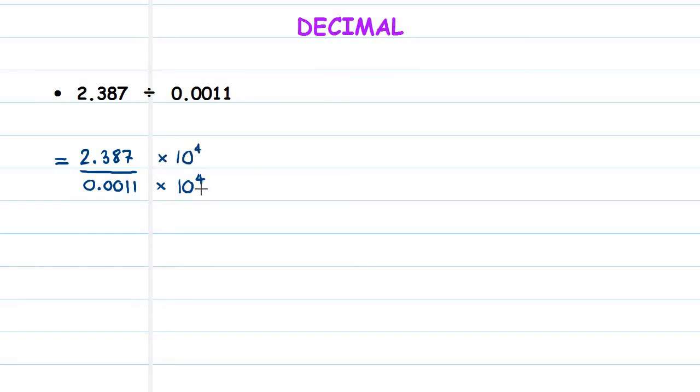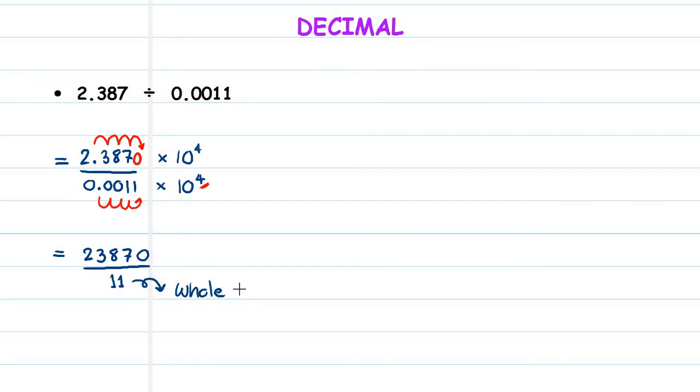And since we multiply with 10 to the fourth, which has 4 zeros, we can move the decimal point to the right 4 times. Also on the top part, we can move to the right 4 times. And we will get 23870 divided by 11. Now the lower part is the whole number. So we're good to go.